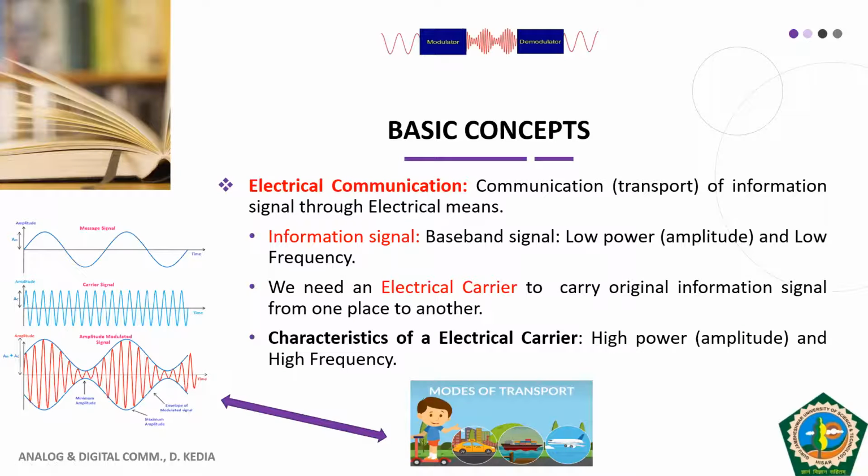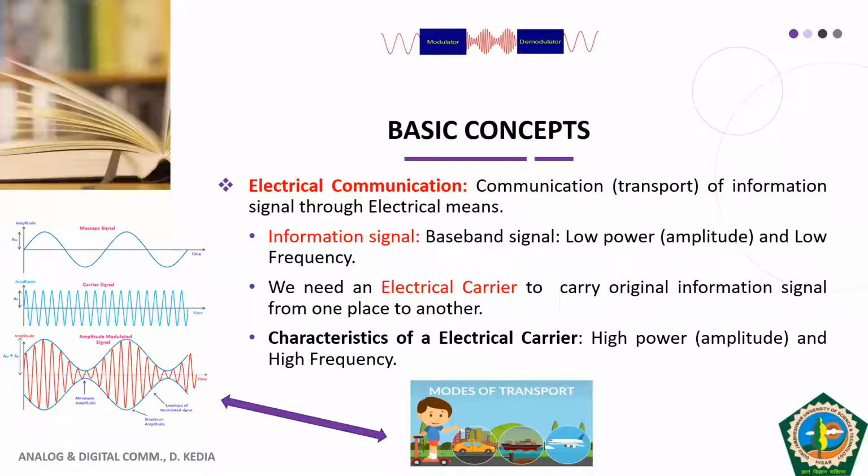I hope you understood this concept in yesterday's class, and I gave you one analogy also. The analogy was the general modes of transport that we use for commuting from one place to another, that is car or ship or aeroplane. Similarly, if we want to transport our information from one place to another through electrical means, we need an electrical carrier.